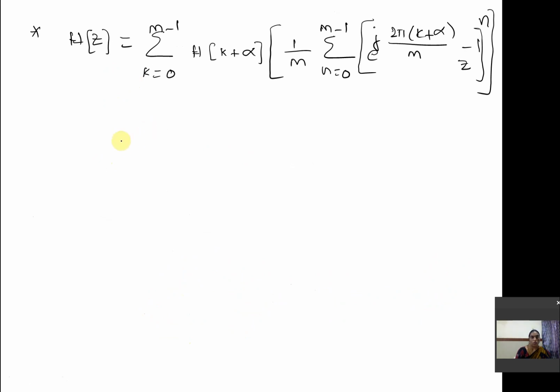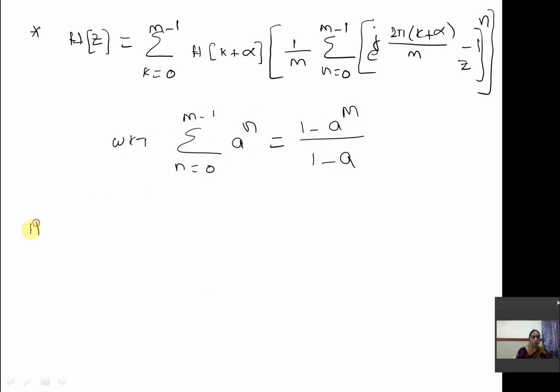Okay, now here we know one formula in the summation, what is that? Summation n=0 to N-1 of a^n is nothing but (1 - a^N) divided by (1 - a). Okay, based on this equation, H(z) is equal to summation k=0 to M-1 of h(k+alpha) 1/M.